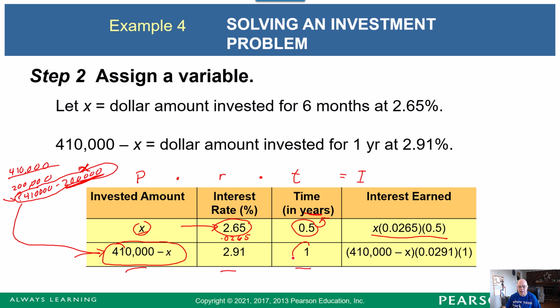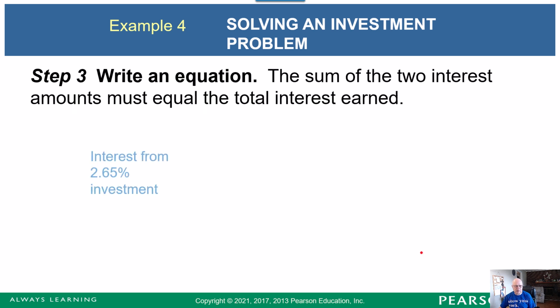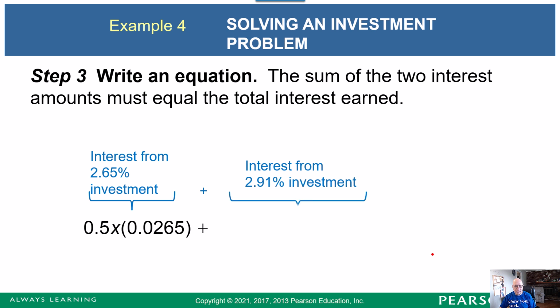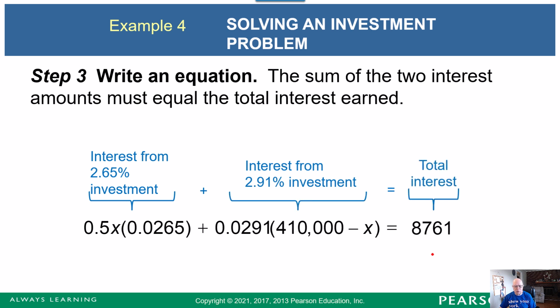Notice this is already in years, so you're good. So here's the principal, the rate, and the time. Multiply those together, and that's your interest. So how do we write the equation? Well, the two interests together, we're told, will give us $8,761.